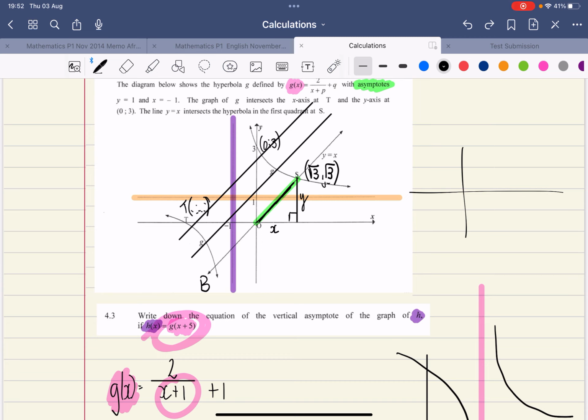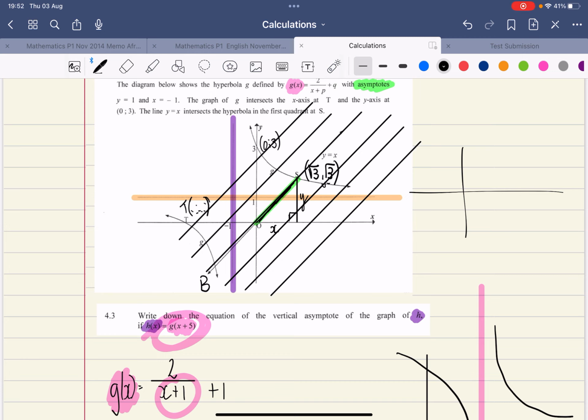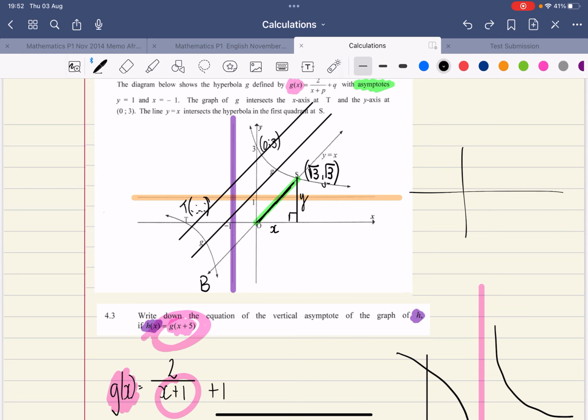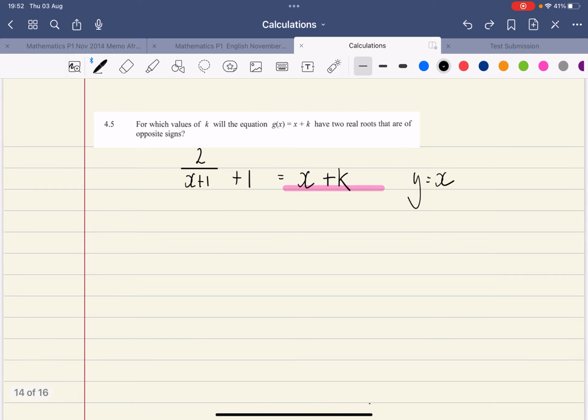However, if we were to move the y equal to x function downwards, you can notice that it doesn't matter. If we were to keep moving this function down and down, we would always have a positive root and a negative root. And that's the key to the problem. So we can write here, k smaller than a value.